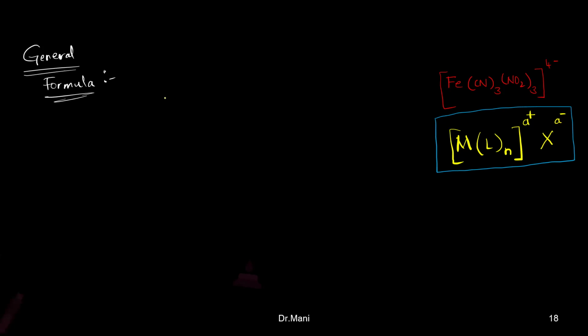So let's say a few things. First, whenever you are writing the general formula for a coordination compound, the first thing you should know is you put it into square brackets. Whenever you write a coordination compound, it should be in square brackets.